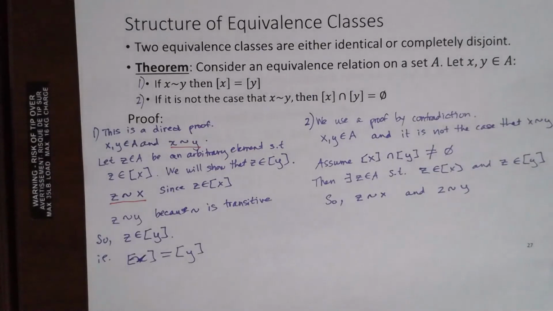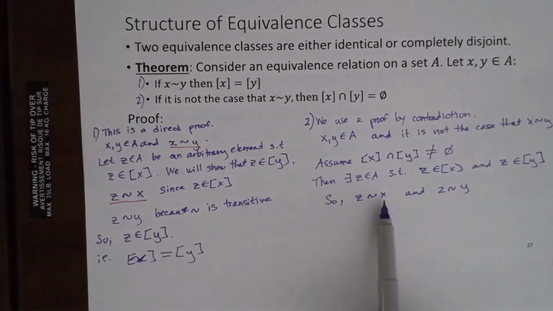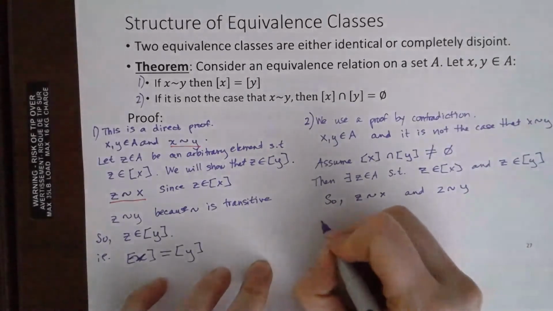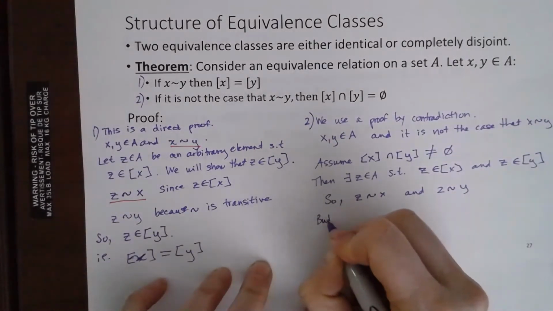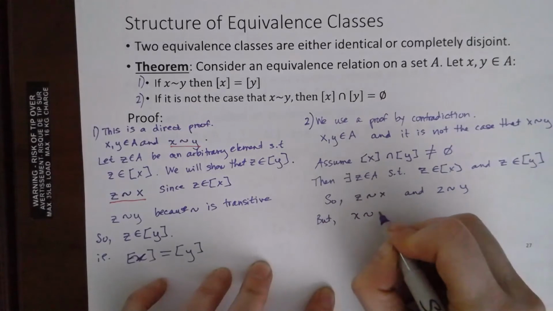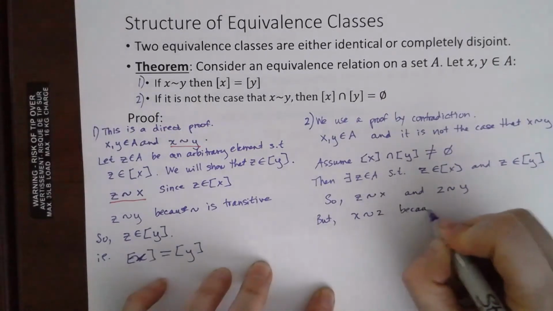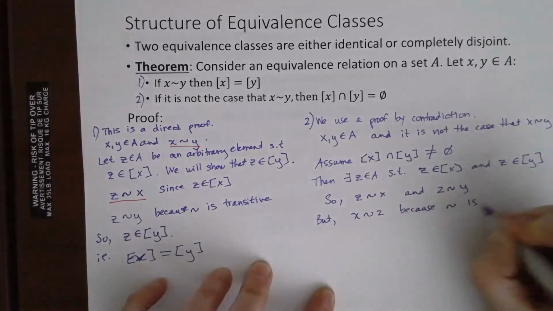Okay, so it seems like transitivity, yes, but I have to do a little bit of tweaking, because in order to use transitivity, I have to have X is related to something, and that something is related to Y. Right now, I don't have X is related to something. But I do have Z is related to X. Could I rewrite that as X is related to Z? Yes. Why? Yes, because it's symmetric. So I'm going to put, but X is related to Z because this relationship is symmetric.